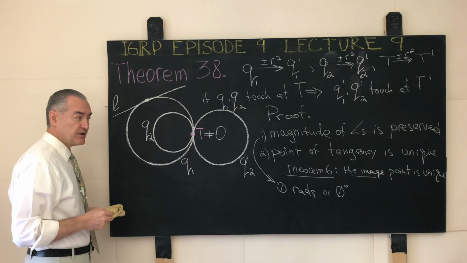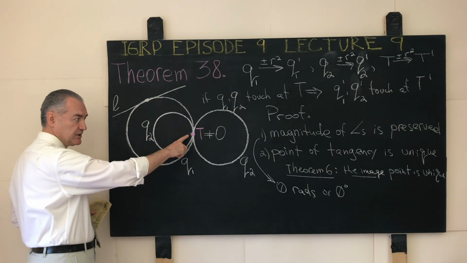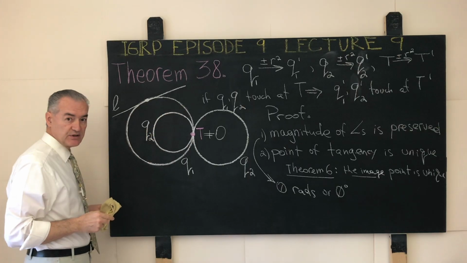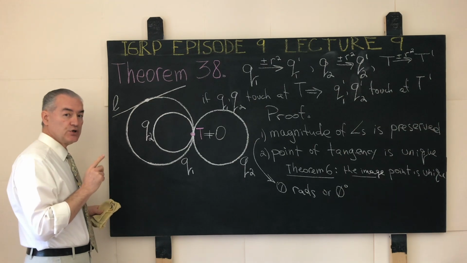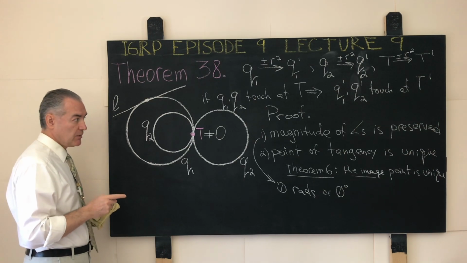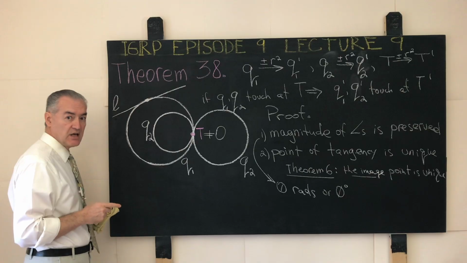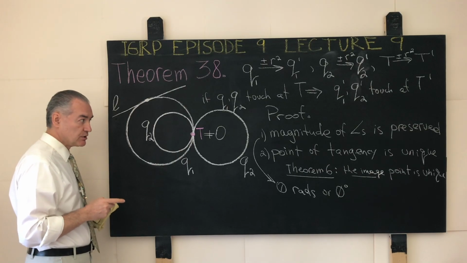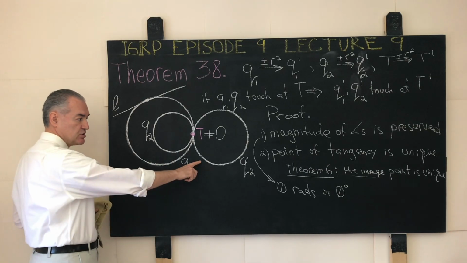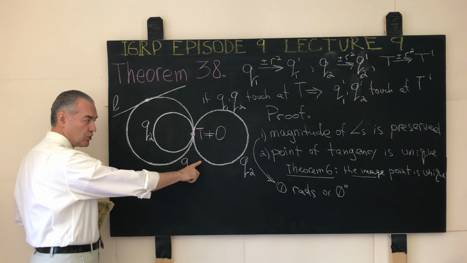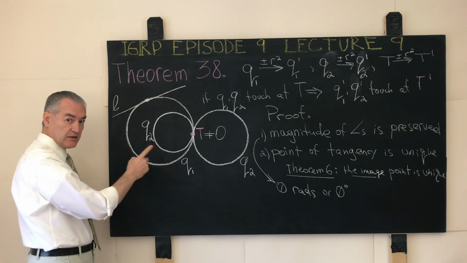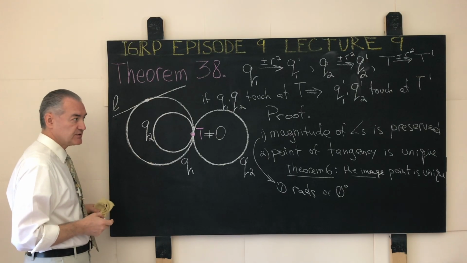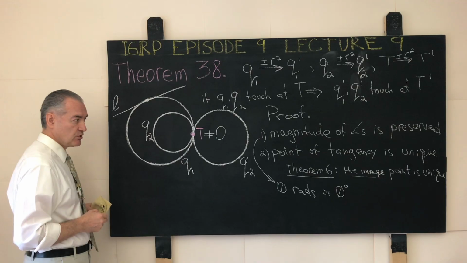And that means that the point of tangency T under any corresponding inversion will be taken into an image that is also unique. And by virtue of being unique, that point will belong both to the image of one curve and to the image of the other curve. And that essentially means that precisely the point of tangency is preserved.